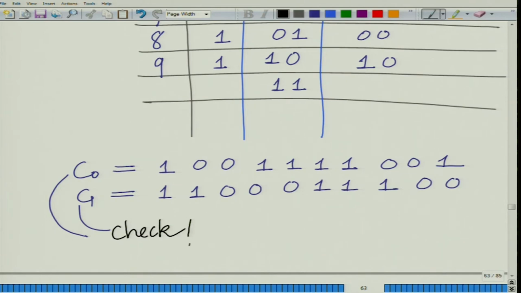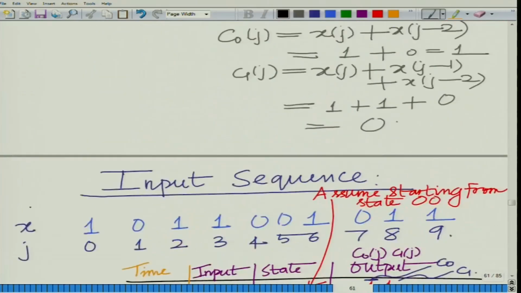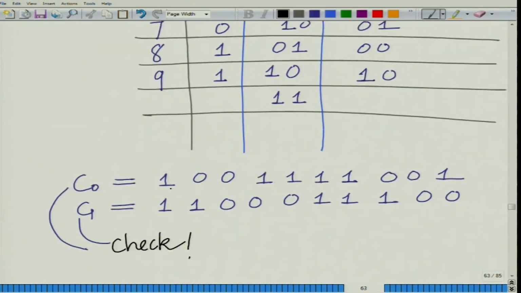In fact, we had generated this by simply applying the encoder. If you look at this, for instance, this is 1 0 0 followed by 1 1 1 1 0 0 1.